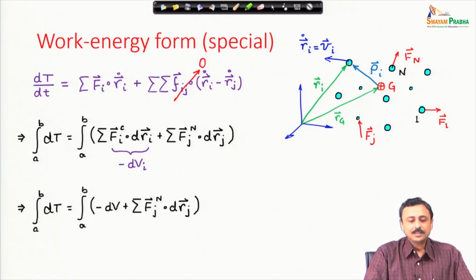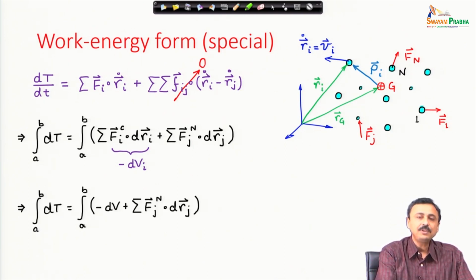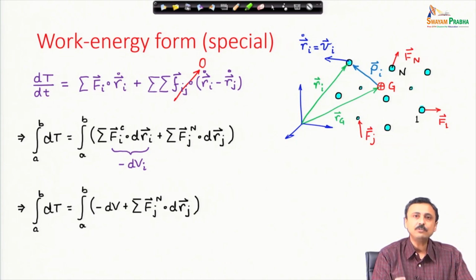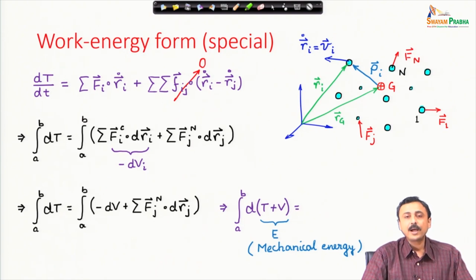Therefore, I can write the summation of all these dV_i's as dV, the total potential of the system, because individual particles are in general in different potential fields. The sum of all these potential fields is V, and this term on the right hand side, minus dV, I can take to the left hand side and combine with the kinetic term.